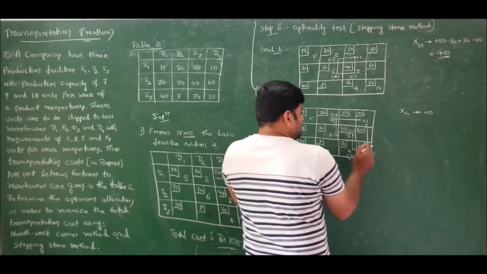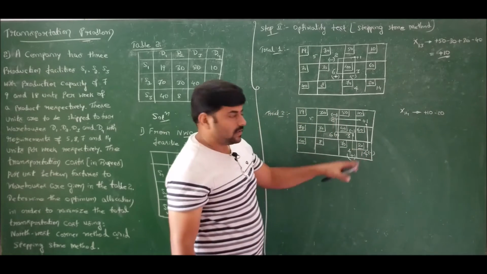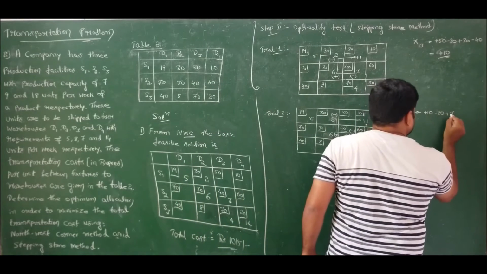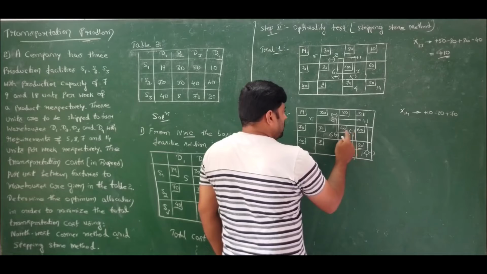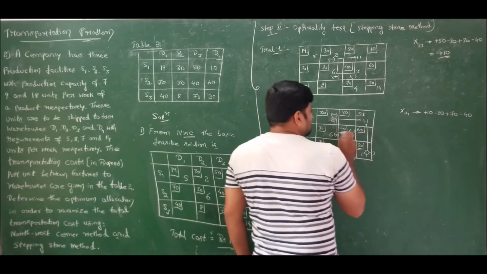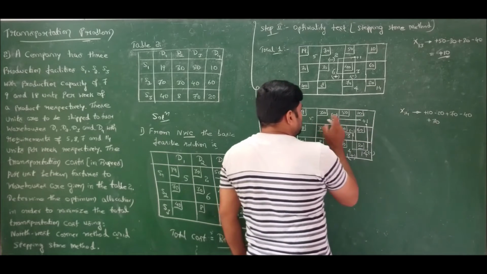Then we have -20. So use the sign and calculate the cost. -20. Then we have plus here, +70. Then we have minus here, -40. Then we have plus 30. And then we have minus 30.